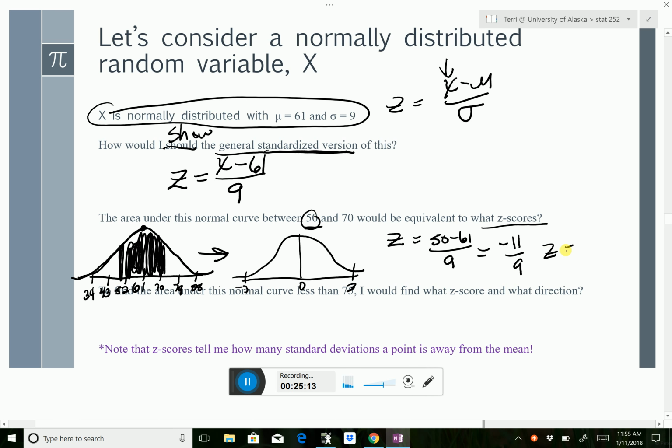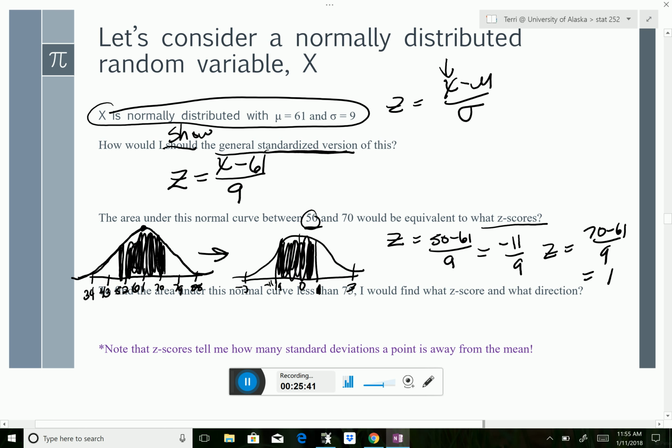And Z is 70 minus 61 over 9, which is 1. So we're looking at 1 over on this side. And on the other side, I could have 11/9. So just past 1 a little bit, -11 over 9. And we're looking at this area, which if I would have drawn this better, it would look the same.